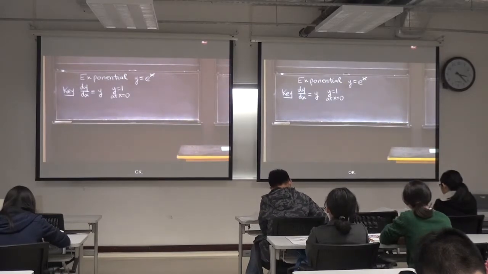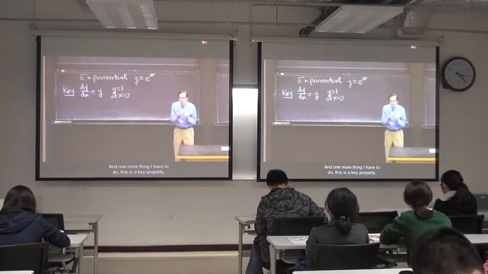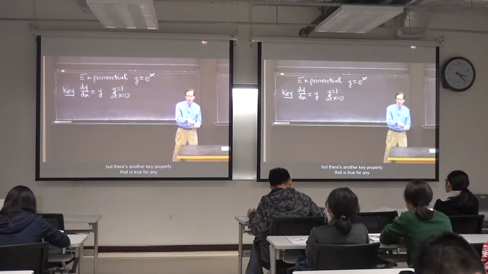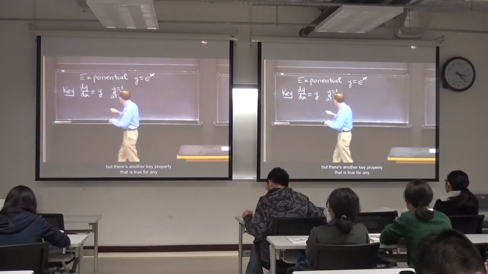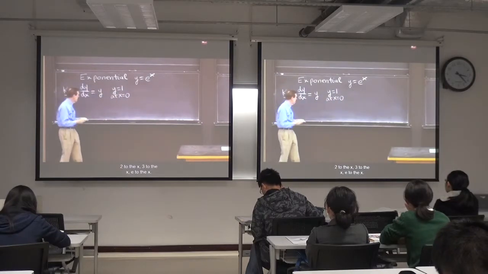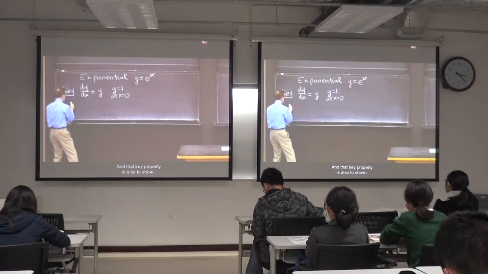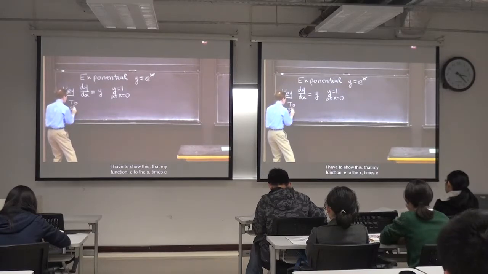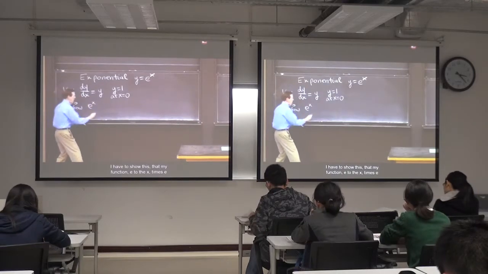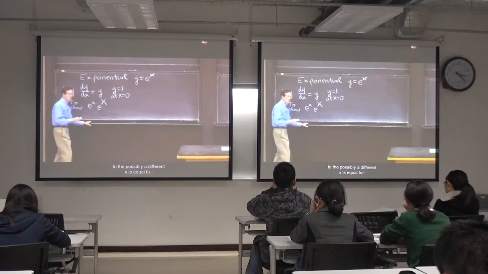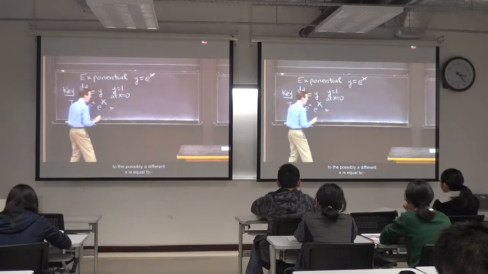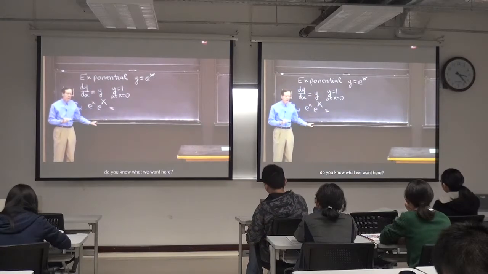Okay, I've got several things to do, and one more thing I have to do. This is a key property, but there's another key property that is true for any 2 to the x, 3 to the x, e to the x. And that key property is also to show that my function, e to the x, times e to the possibly a different capital X, is equal to, do you know what we want here?